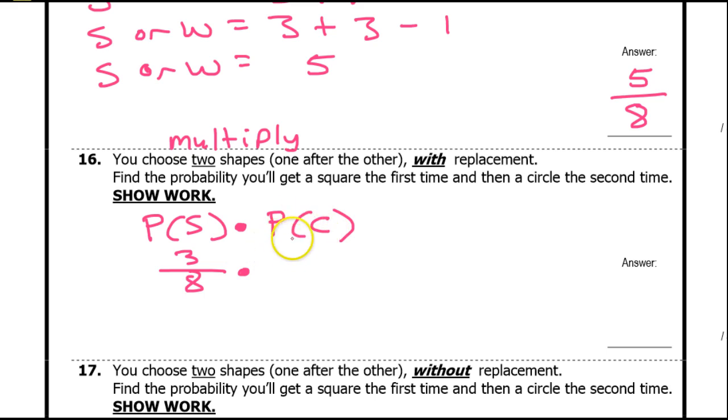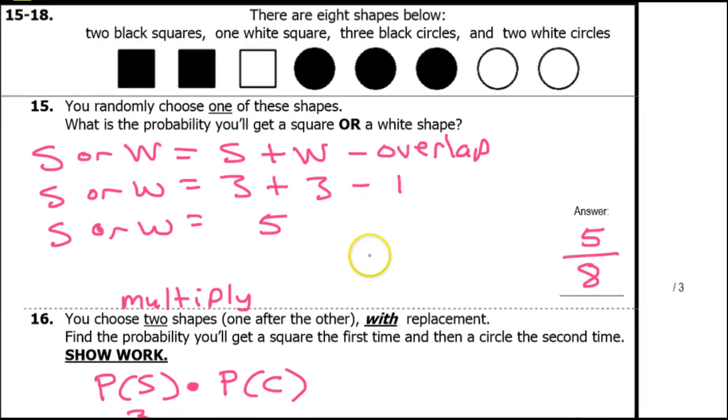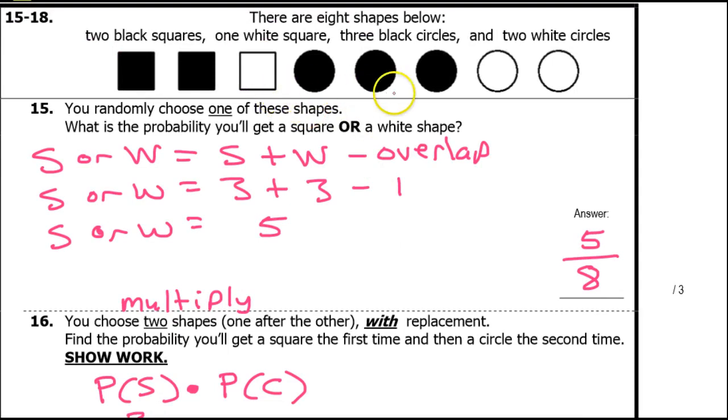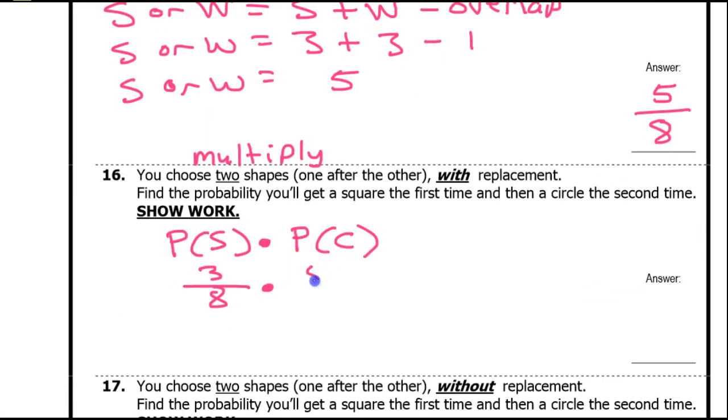Now what's the probability of picking a circle? So there are 5 circles, so that's going to be 5 out of 8. Multiply those together and you're going to get 15 out of 64, so that will be the probability of both things happening in a row.